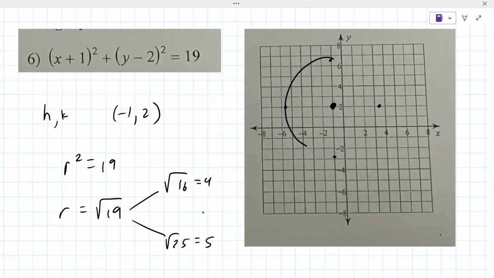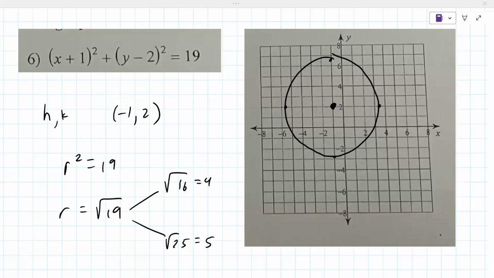And then you can just kind of sweep that circle as best you can. Is that okay? Yes.